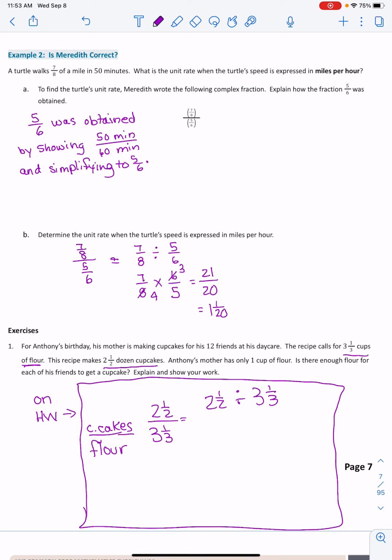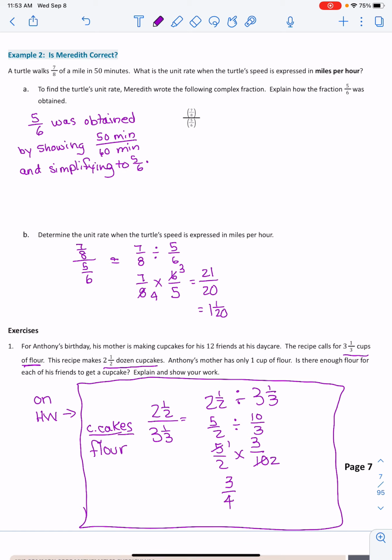So here I have 5/2 divided by 10/3. So 5/2 times 3/10. 5 goes into 5 once, into 10 2 times. So we have 3/4 is our answer.